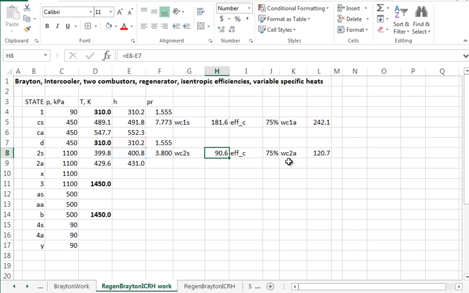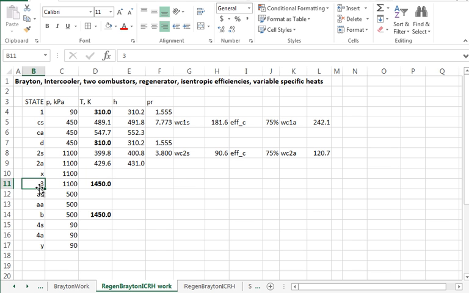So it looks like it's all done correctly. Was I given a 75% efficiency for the second compressor? So there you go. All right, now what about state X? This is where you have to stop for a while and come back to it, because to solve for state X, I need to know what's coming in the other fluid stream from the regenerator. But I can pick up the analysis and continue at state 3.